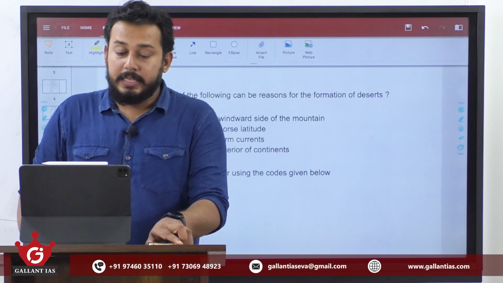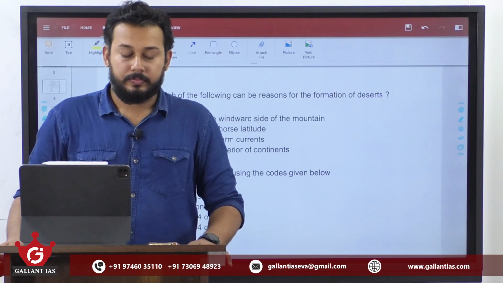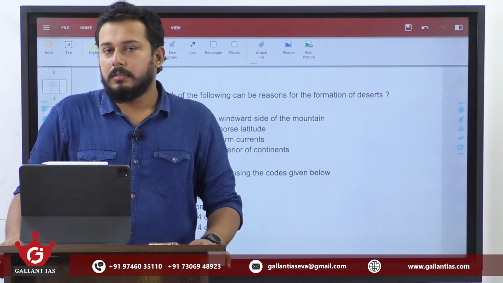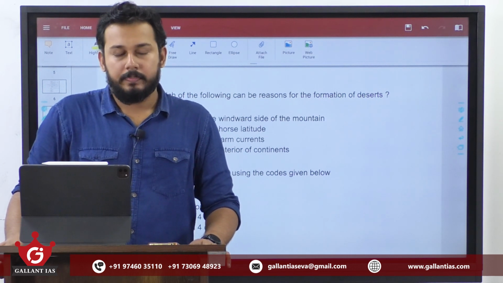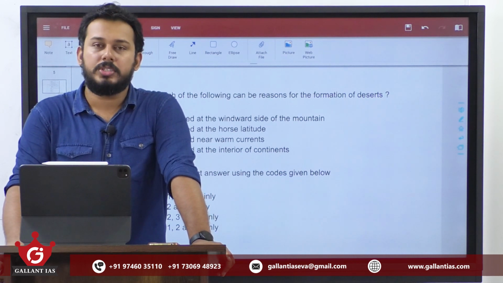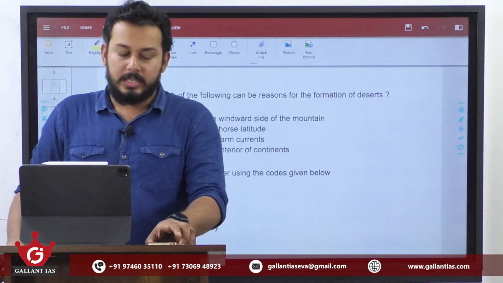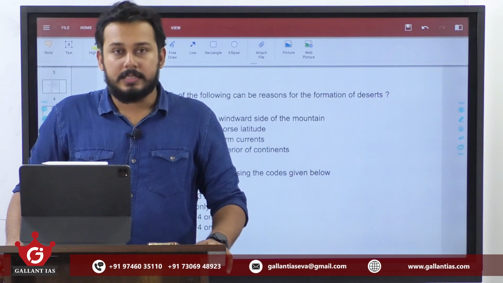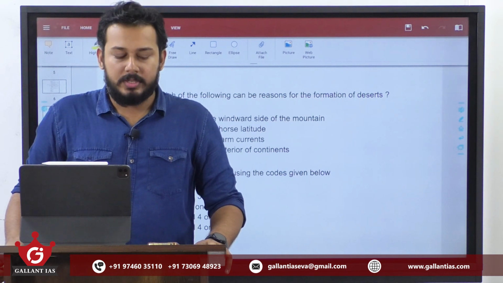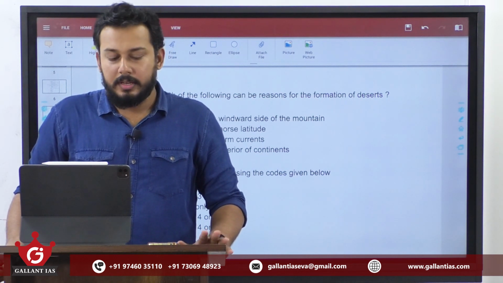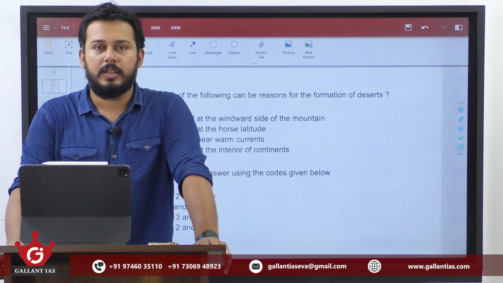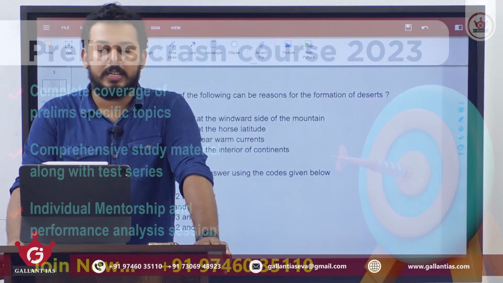Third, located near warm currents. Warm currents basically result in heavy precipitation because warm currents increase the temperature of that particular ocean, which increases evaporation, which increases cloud formation, and we have heavy rainfall. Cold currents, on the other hand, reduce the chance of rainfall and thus make that region arid.